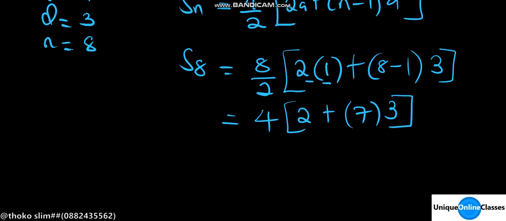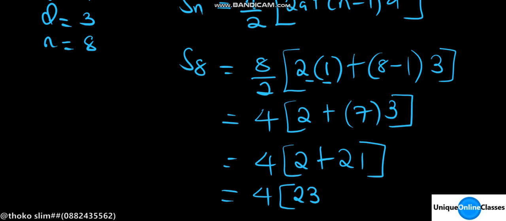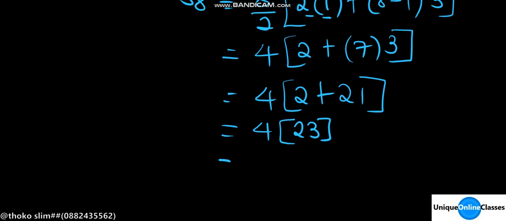So we have 4 outside, and here we have 2 plus 3 times 7, that's 21, and if we add 2 plus 21, that's 23. So here it's just a matter of multiplying 4 and 23. If you multiply there, the answer will be 92. So yeah, that's the answer there.